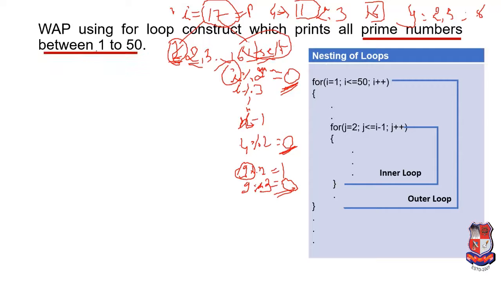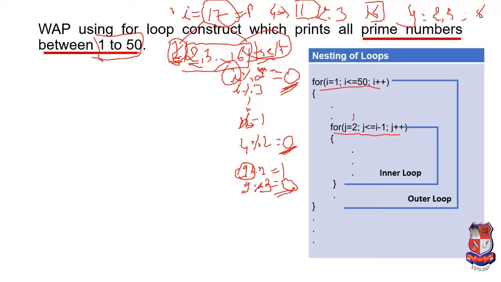For that, firstly they have given us a range, and this range is 1 to 50. So we have to take two loops. The first loop is for this range and the second loop is for numbers 2 to i minus 1. So I write here i equals 1, i less than or equal to 50. Then I go for the next loop, the inner loop, with control variable j.